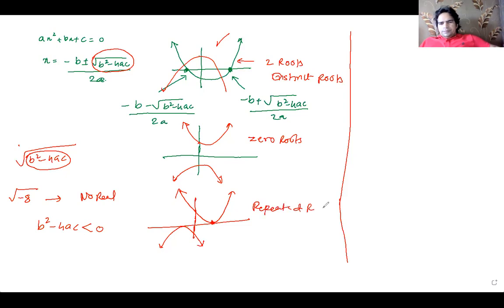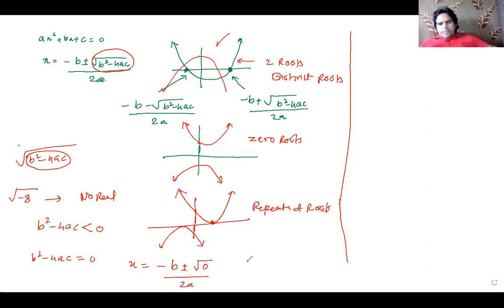Repeated roots. In this case, when your b squared minus 4ac becomes 0, you'll have x equals negative b plus or minus root of 0 over 2a.